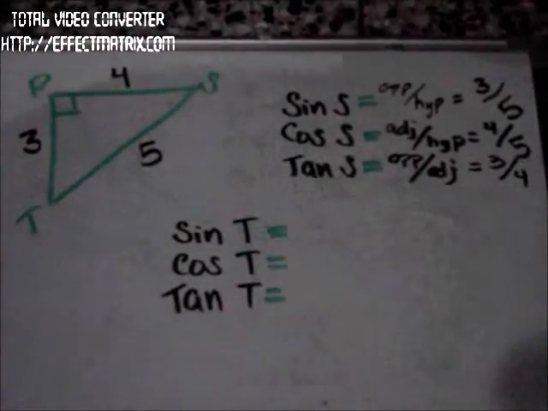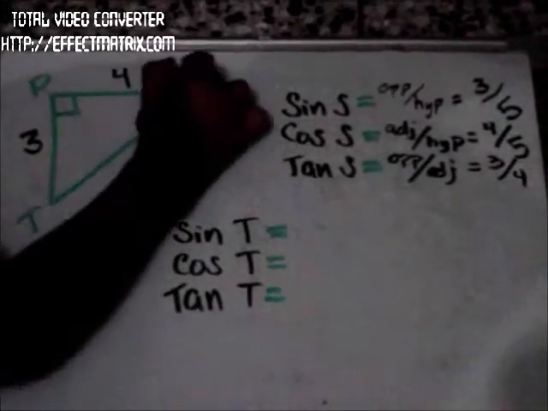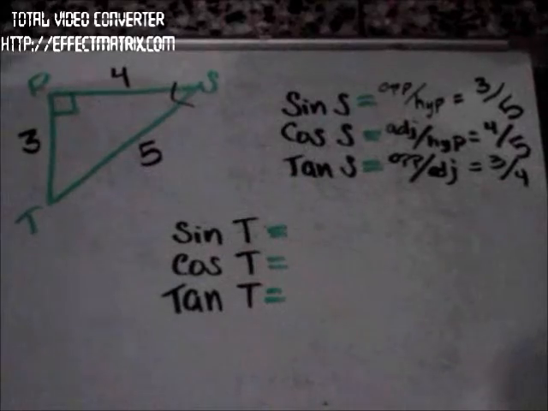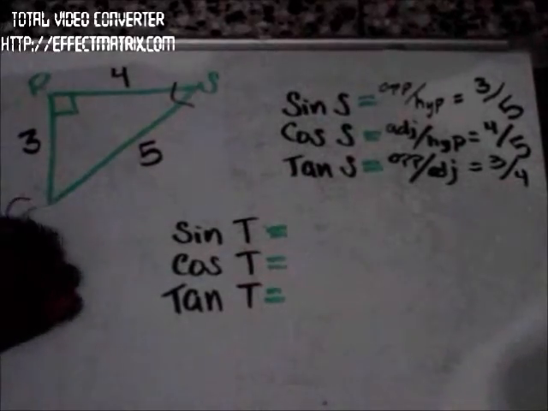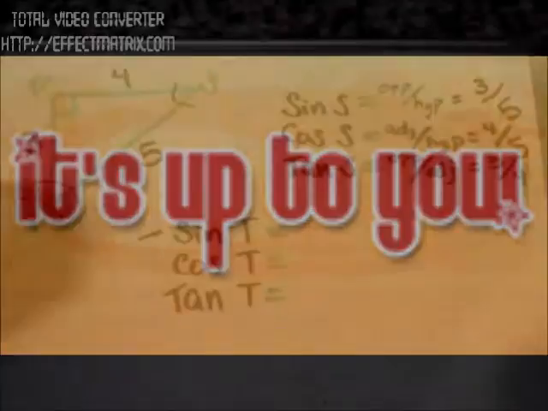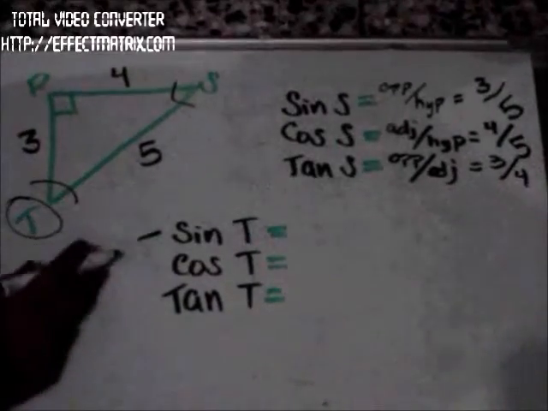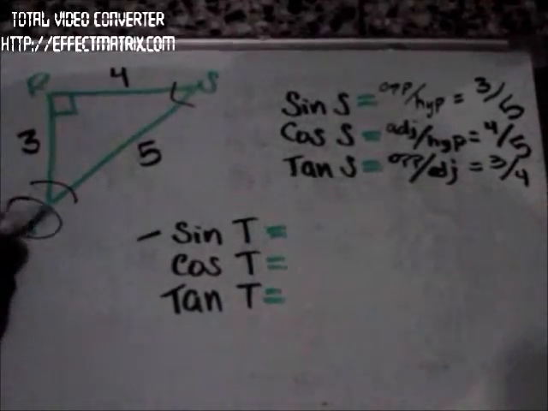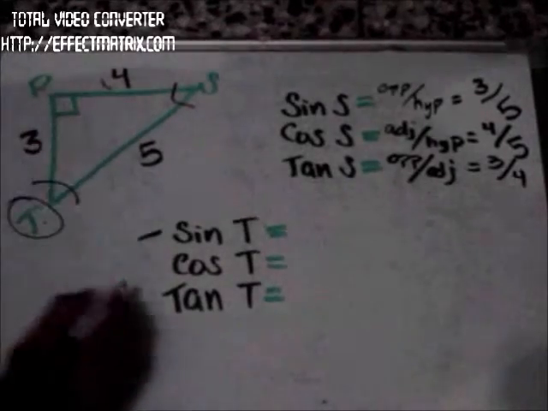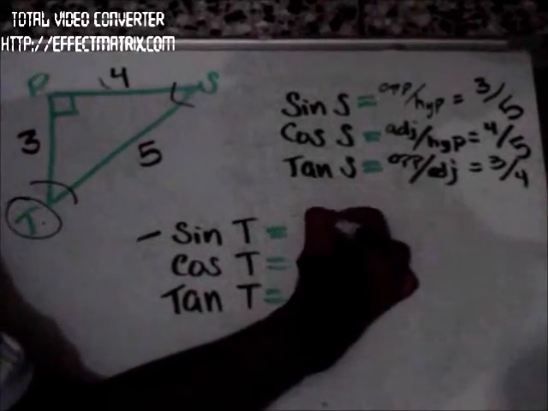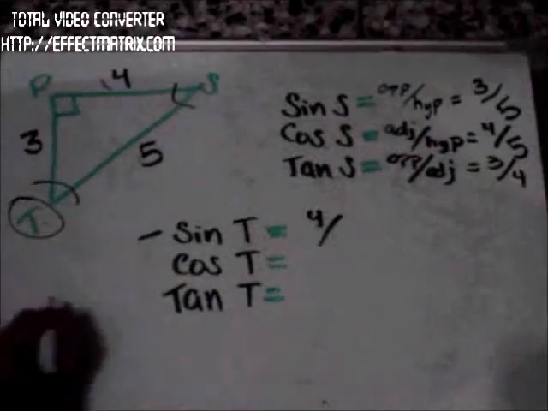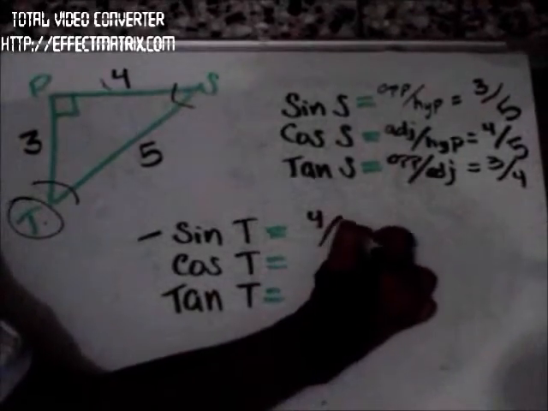Now we're done with the angle S. Now we need to find angle T. Angle T is the same, opposite over hypotenuse, but the opposite of angle T would be 4 over the hypotenuse, which stays the same, 5.